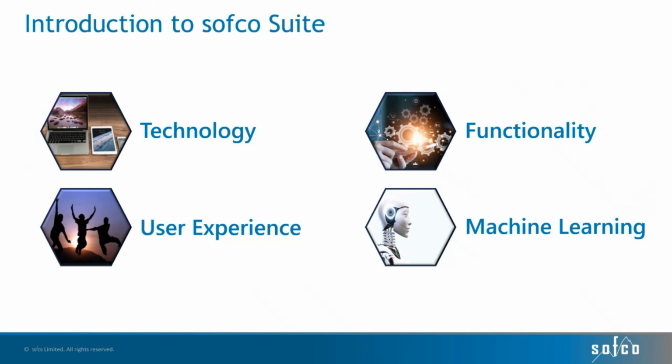Hopefully you've seen the ease of navigation, the information and quality of information on screens, and as well I've talked about the machine learning, and you've seen where some of the insights are displayed in the system. So hopefully that's been of help and of interest to you.